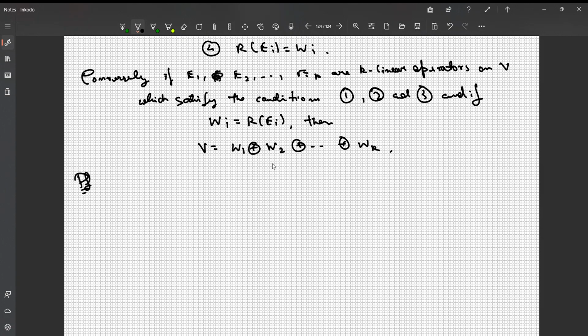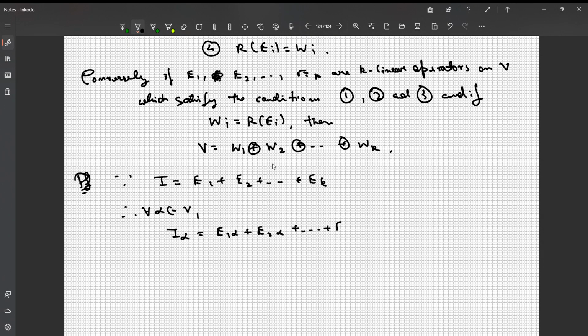So okay, how do we come up with this proof? Now, since I is equal to E1 plus E2 till Ek, therefore for all alpha in V, I alpha is equal to E1 alpha plus E2 alpha, so on till Ek alpha. But I of alpha is nothing but alpha, right?